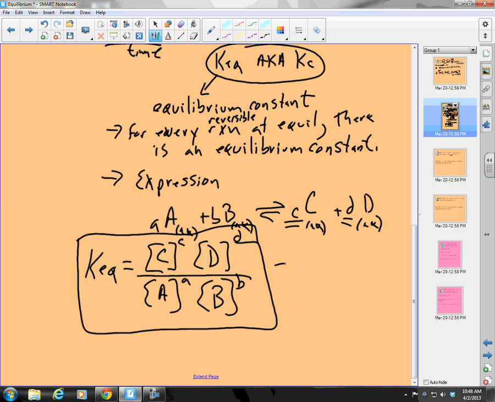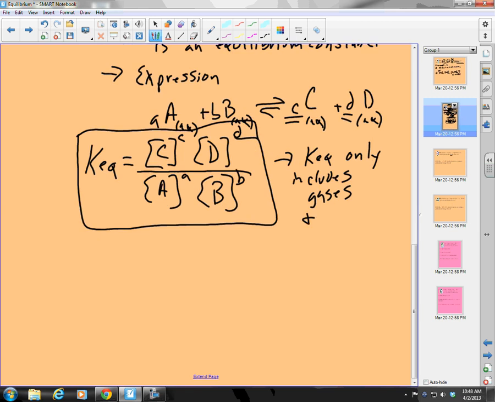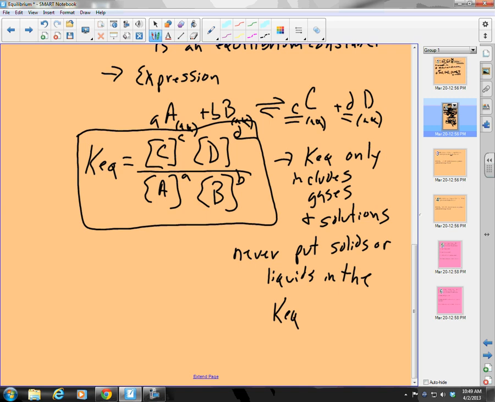Now, what's important here is KEQ only includes gases and solutions. Okay, that means we never put solids or liquids in the KEQ expression.